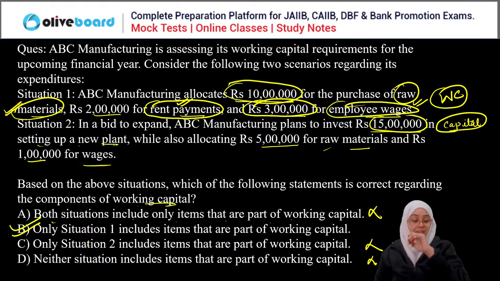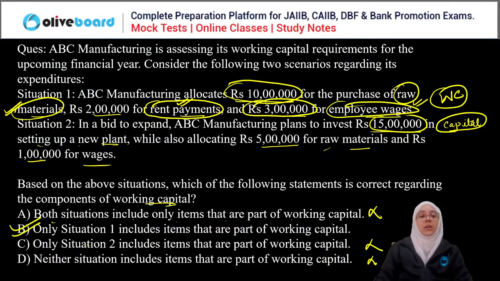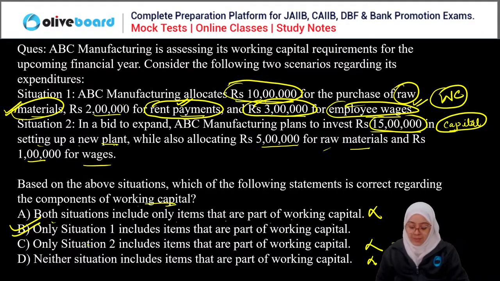If you have any doubt in this, kindly ask. Everyone, you are free to ask your doubt. Any doubt here?